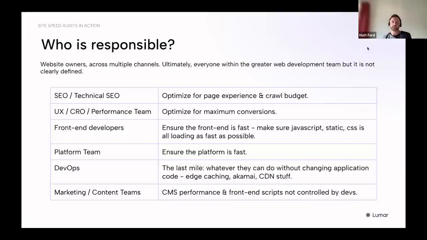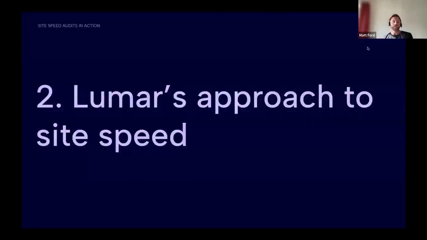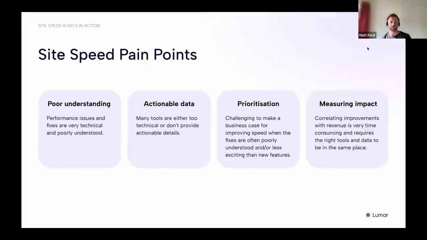So in terms of our approach, we identified through a bunch of interviews that there's 4 main things that were sticking out. One's poor understanding of site speed, very technical, very poorly understood across the board in terms of what the issues are and also how to fix them.